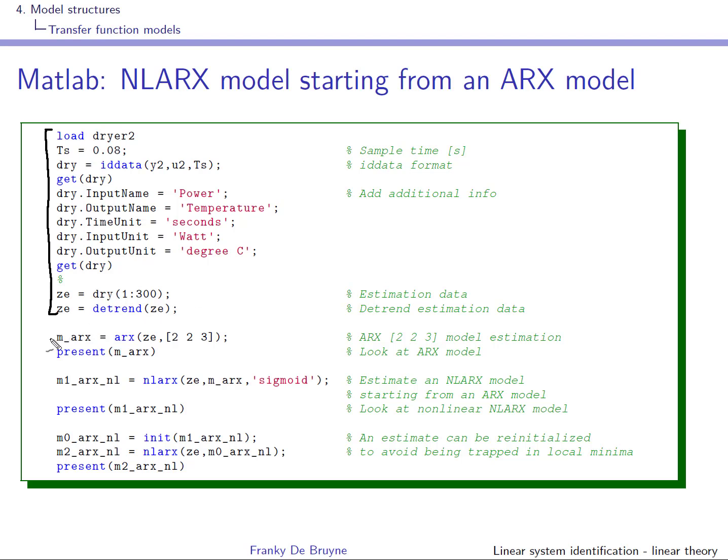So here is the Matlab command. It's using the data over here, and this is NA, this is NB, and this is NK. This model comes in a certain format, and if you type present on this model, you will see all the parameters with their associated confidence interval.